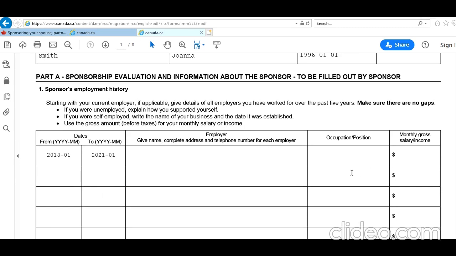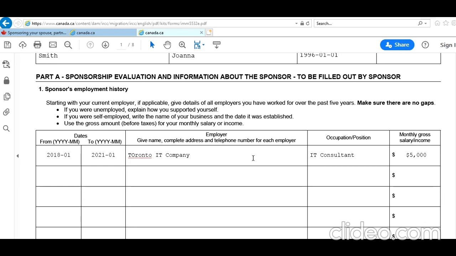Let's say his job is IT consultant. His monthly salary before taxes, let's say $5,000, good amount. Employer, let's say Toronto IT company.